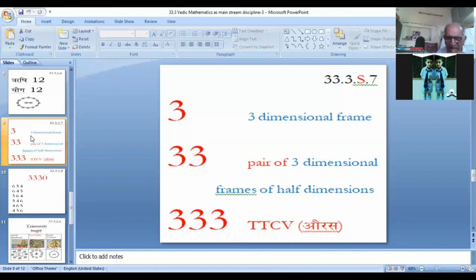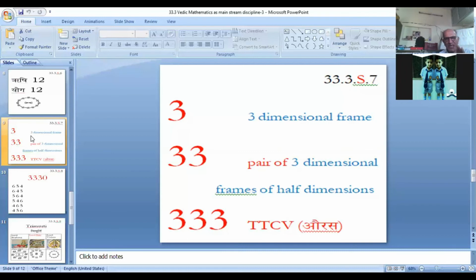But a step ahead, when a three-dimensional frame is approached for its organization within a spatial order that creates the space, then we will be face to face with the feature that a three-dimensional frame is a synthetic setup of a pair of three-dimensional frames of half dimensions.